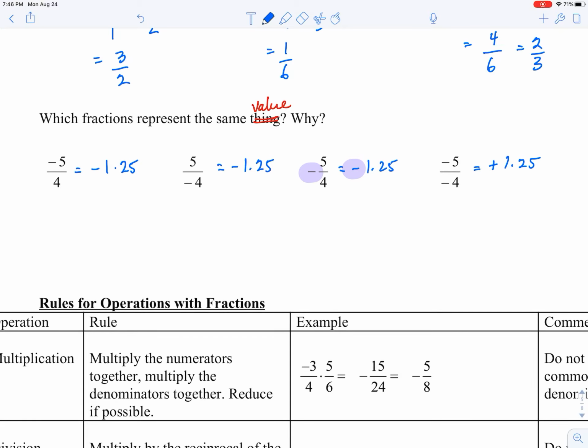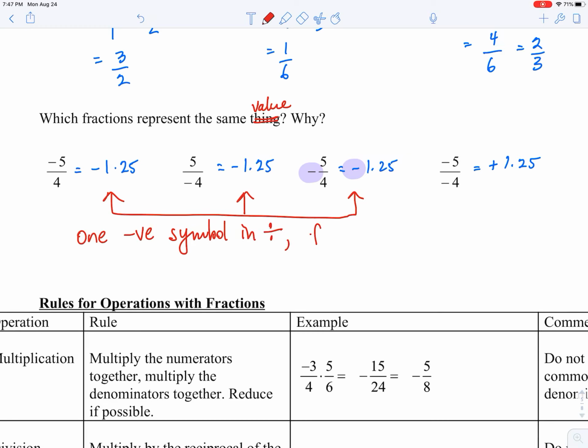So this was all to remind you that if there is one division symbol and one negative symbol in the division, then your final answer is negative. And in general, we tend not to write the negative symbol like this one, not in the denominator.